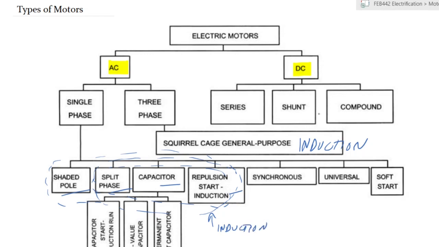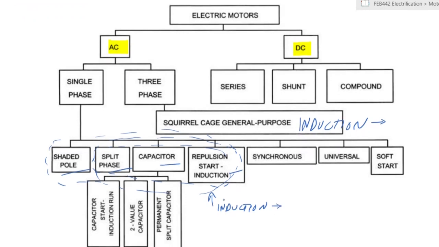So you have the most common, which is three-phase induction motors, and you have some single-phase induction motors. Under those, we have split-phase or capacitor. We shall look at those in the next lecture, and we shall also look at shaded pole and universal.